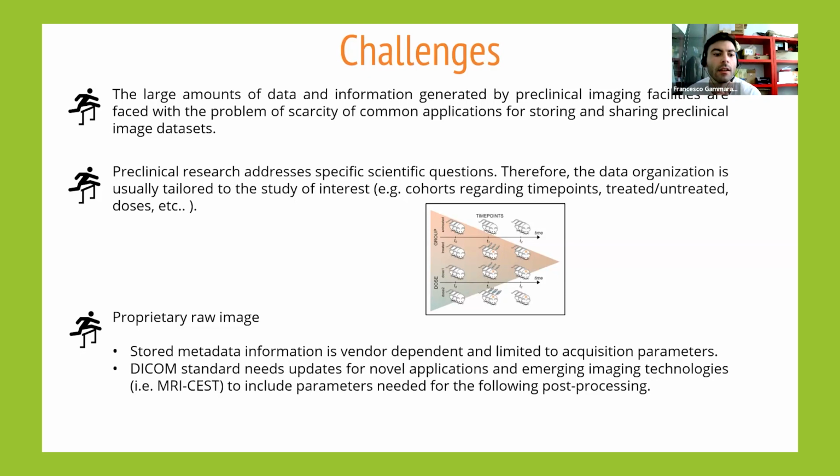And then for clinical imaging, we have the DICOM standard, that is the worldwide recognized format for clinical images.